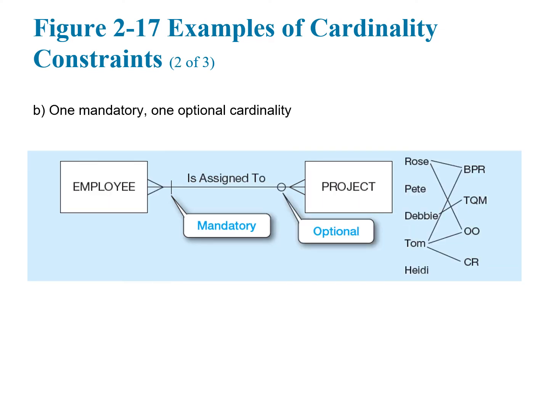Figure 2-17, example of cardinality constraint. One mandatory, one optional. So the hatch mark means mandatory, circle means optional. So employee is assigned to project.